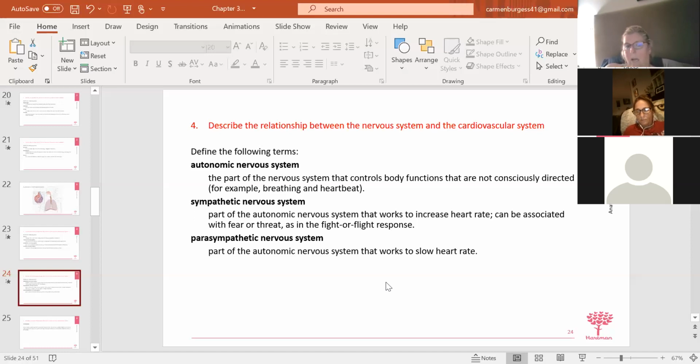Chapter 3 and chapter 4 we'll get through and then have a test. It's easier to break them up than have a test on 6 chapters at once because it's a lot of information. This will build on chapter 4, which is disorders or problems with respiratory.